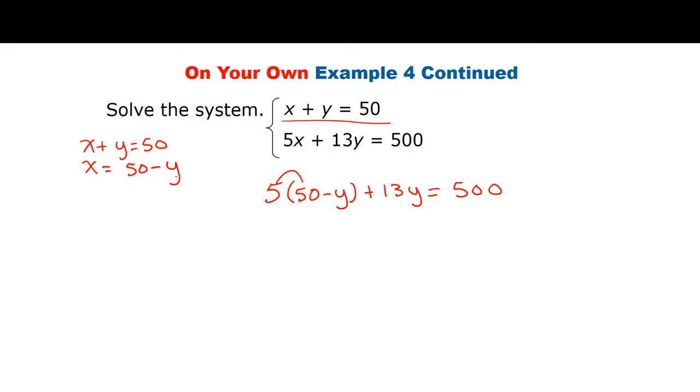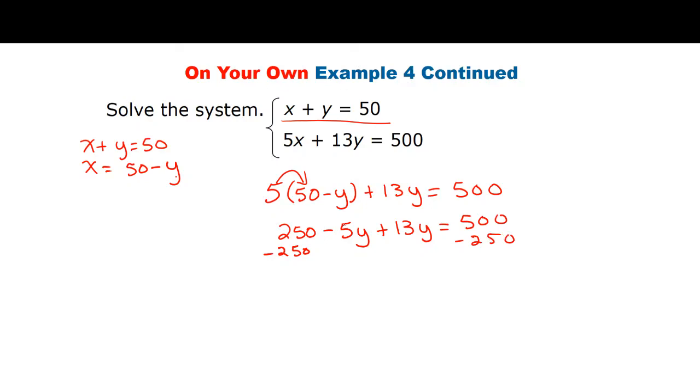All right, and then when I distribute, 5 times 50 is 250, minus 5y plus 13y equals 500. Let's subtract 250 from both sides.